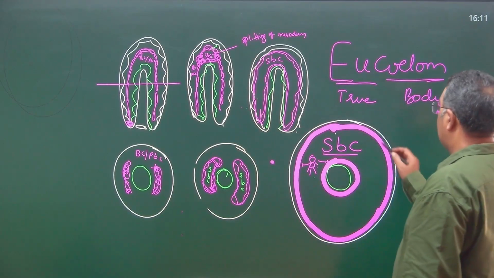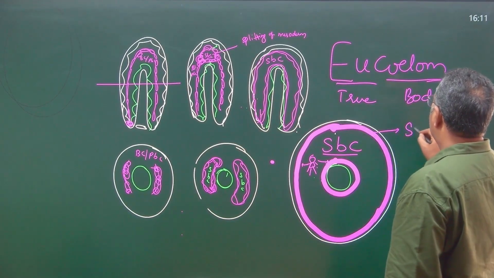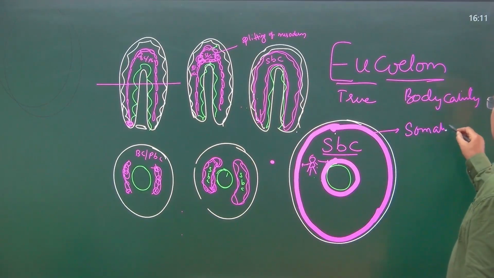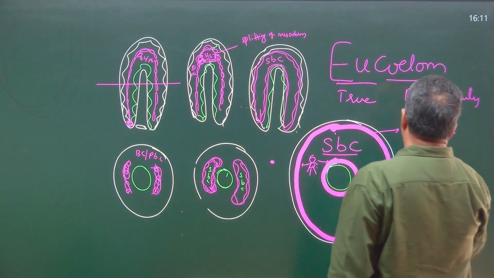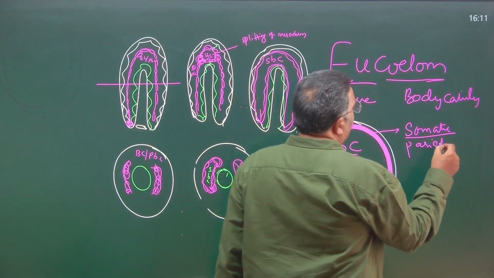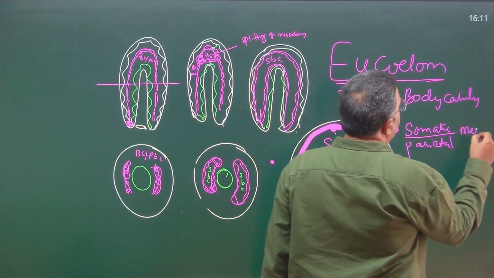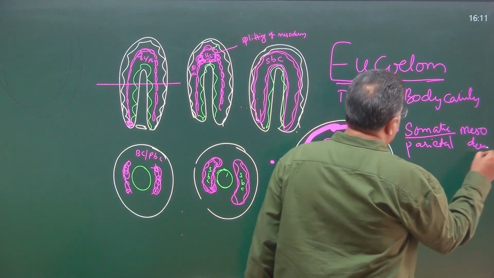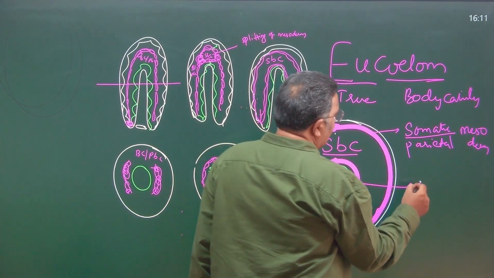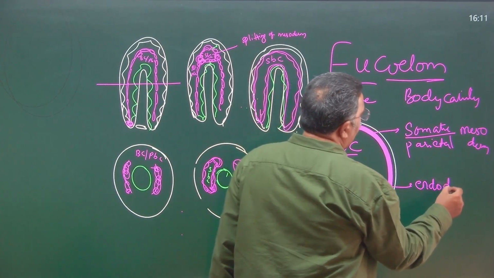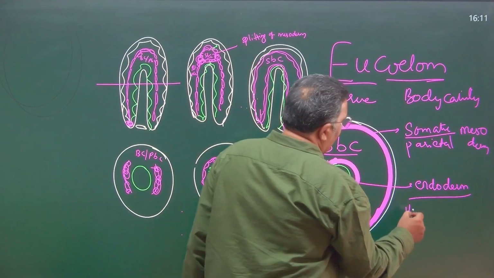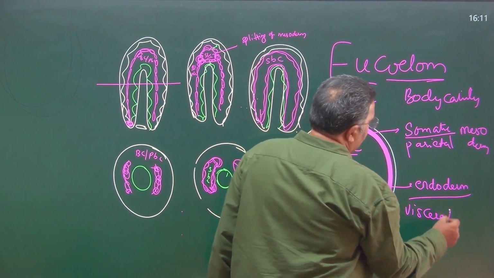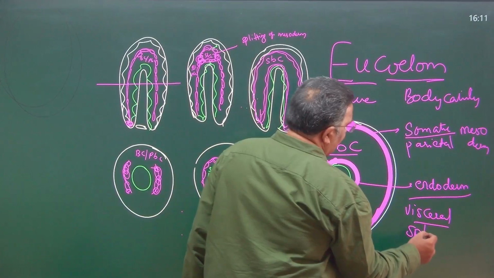We have names even. Mesoderm which went towards the ectoderm side is called somatic or parietal mesoderm. Mesoderm which went towards the endoderm side is called visceral or splanchnic mesoderm.